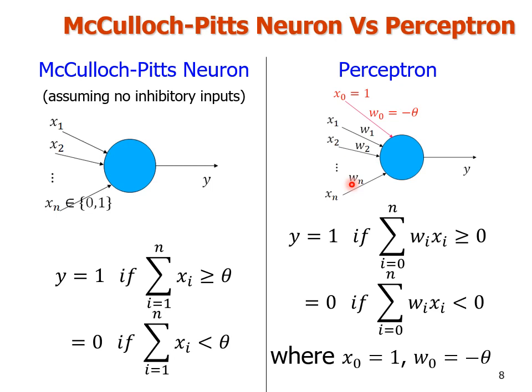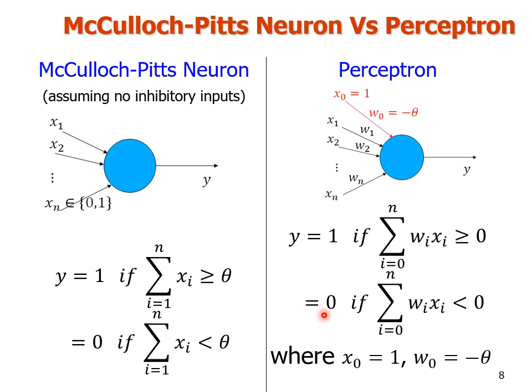Similar to the MP neuron, the perceptron can also separate the input space into two halves, positive and negative. All the inputs that produce an output 1 lie on one side, that is the positive half space, and all the inputs that produce an output 0 lie on the other side, that is the negative half space.